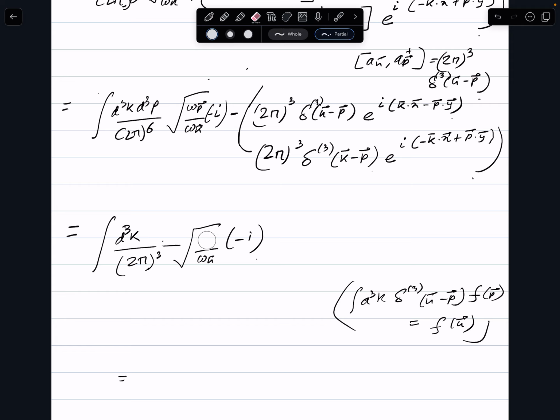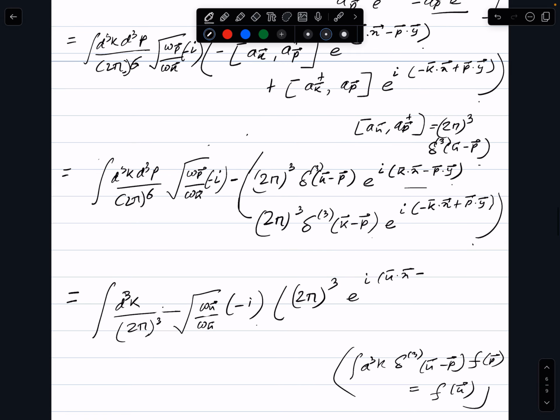So omega p becomes omega k, and here we have minus 2 pi cube e to the power I k dot x minus, this term becomes, someone should say it. Wouldn't in that Dirac delta function we would have fk, and when we integrate over the, in the variant that you have written down that.